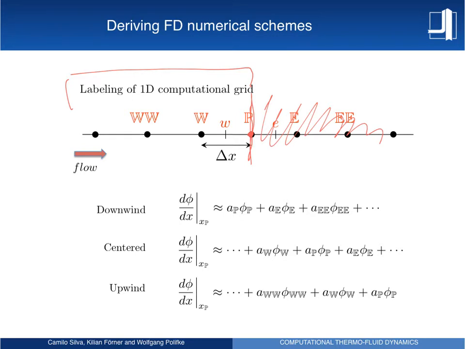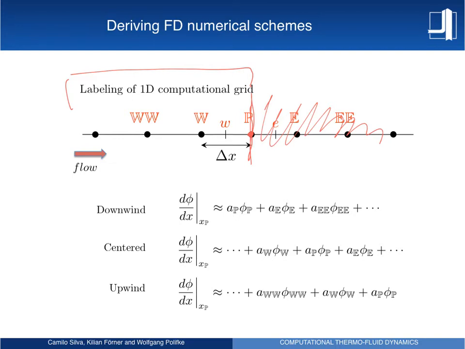Then your information is coming only from the left. So you will have information from upstream, and that's why this kind of scheme is called upwind, because it makes use of the information at disposal, which happens to be only upstream from P.